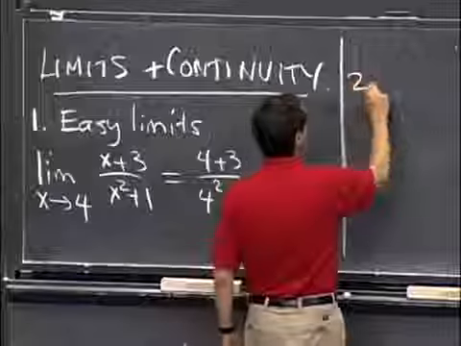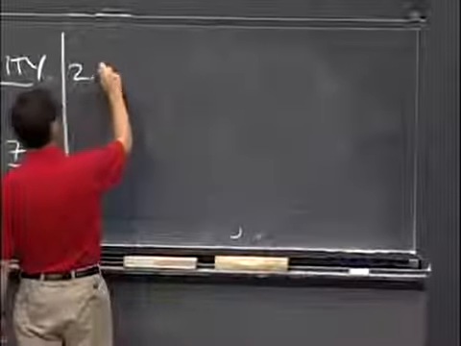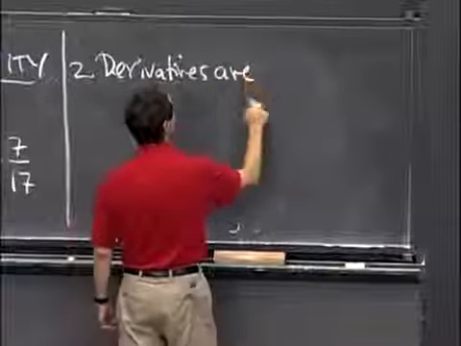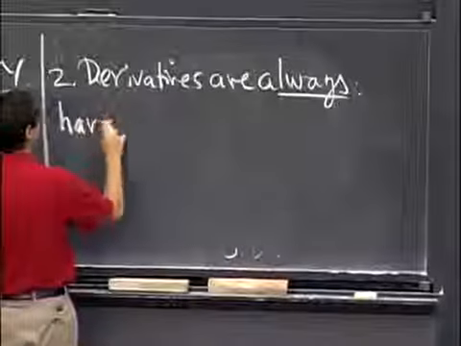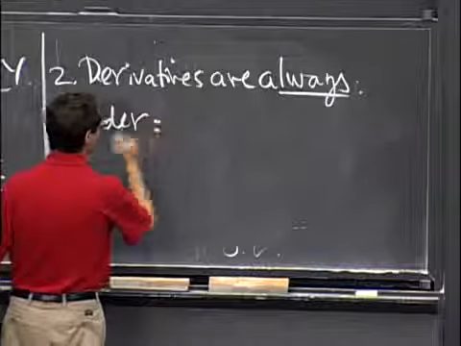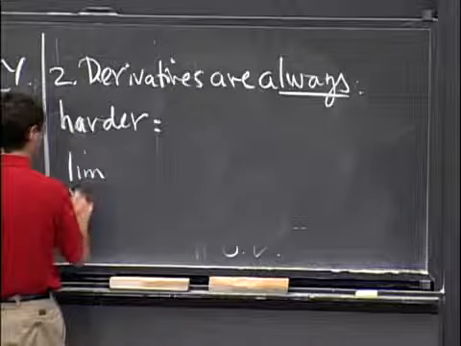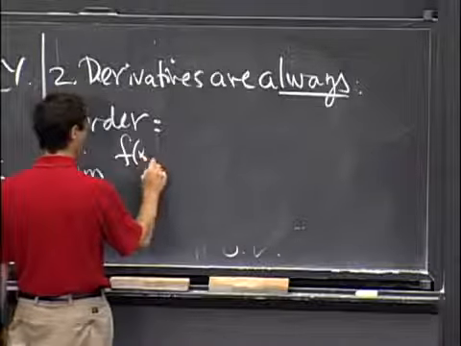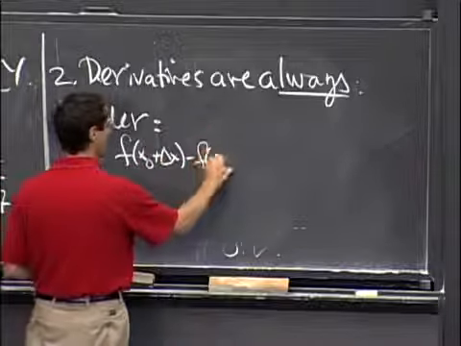The second kind of limit, so this isn't the only second kind of limit, but I just want to point this out. It's very important that derivatives are always harder than this. You can't get away with nothing here. So why is that? Well, when you take a derivative, you're taking the limit as x goes to x0 of f of x, well, we'll write it all out in all its glory.